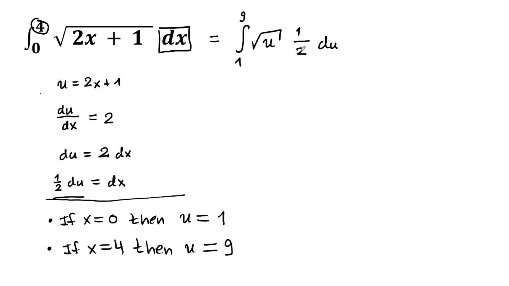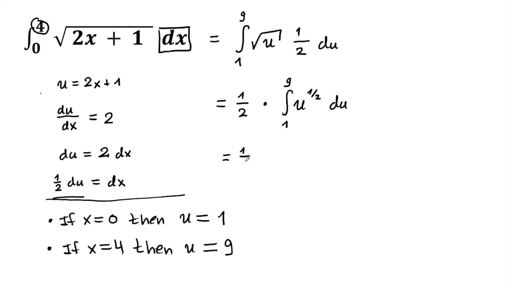Now the 1/2 is a constant, so we can just pull it outside. So this is 1/2 times the integral from 1 to 9 of this function, radical u, which is the same as u to the 1/2 du, and we can use the fundamental theorem of calculus to evaluate this.